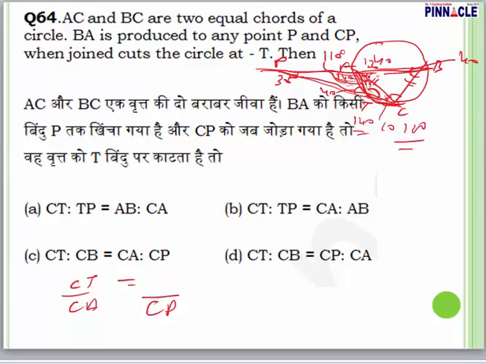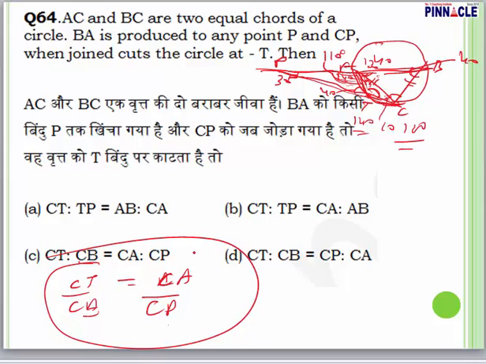So in case of 140 and this is 10, you can say AC. Here AC means CA. So CT divided by CA is CP divided by CA, where CA is exchangeable with CB, because CA and CB are equal. So CT divided by CA equals CP divided by CA, this would be the property in this case. This would be the expression that is satisfying.